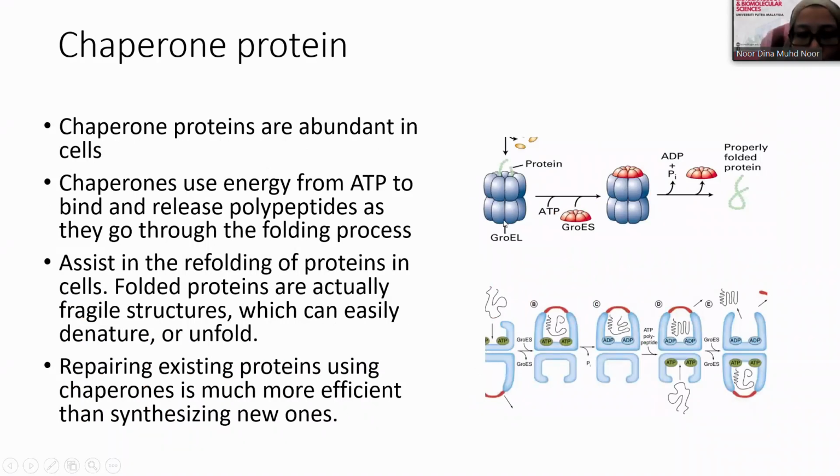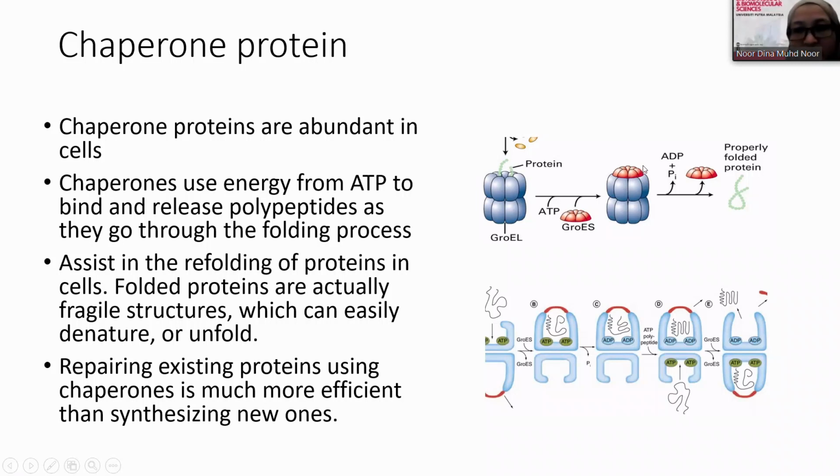This is the structure of a chaperone protein. What happens is that the unfolded protein enters a chamber. For example, here we have GroEL, a type of chaperone protein, and it needs the presence of its partner, GroES. They work together to process the unfolded protein, and during the process they need ATP.